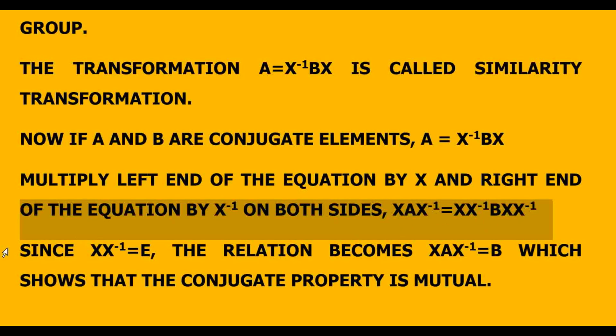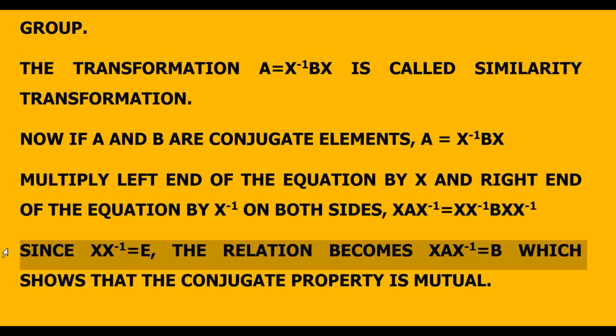Now we know that always X X inverse is equal to E, because X inverse is the reverse operation. So if you perform any operation and then you reverse it, then the resultant change will always be nothing, that is identity.